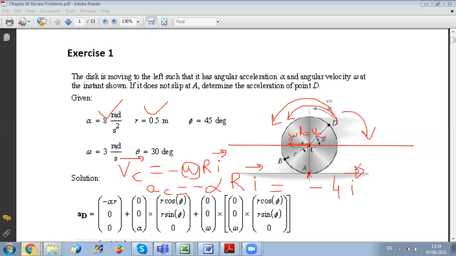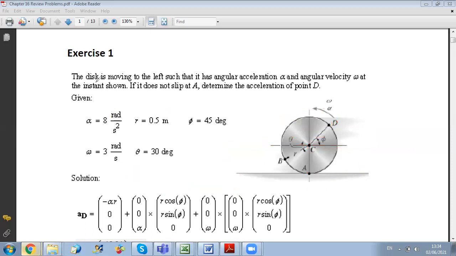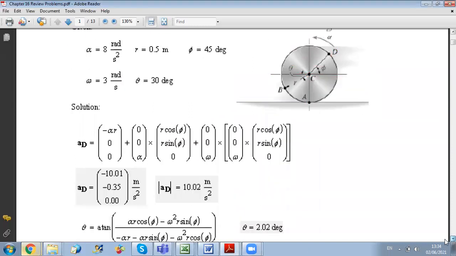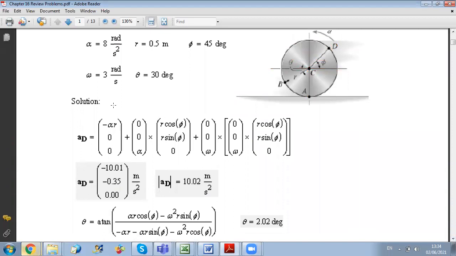Now, all I have to do to calculate the acceleration of D is to relate the two points. So I will write the following. Just for the notation of the problems, I will show you how they work. Instead of writing vector ijk, they represent it in a column. And this component, this vector for example, is vector AC.